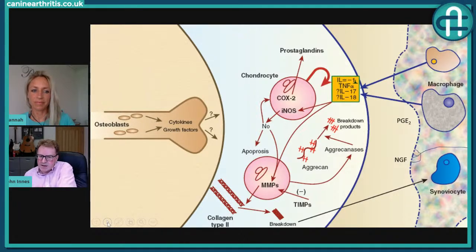And you'll see there, NGF is in that category, and it's binding to the nerve endings in the joint capsule. And you'll see above it PGE2, which is a prostaglandin, which also is binding to receptors and causing pain and inflammation.